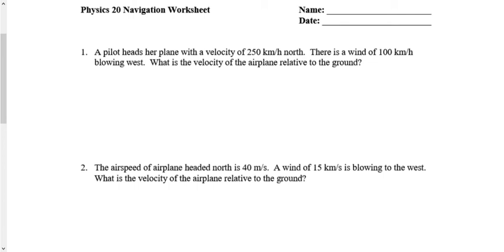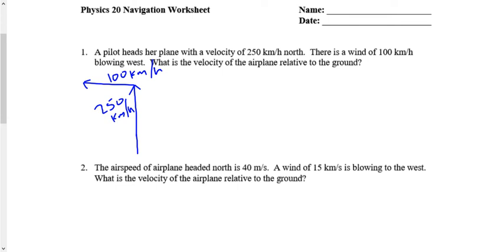So if we're heading a plane directly north, we're going to make that a solid line vector that contributes to our actual motion, 250 kilometers per hour. Now we have another vector, the wind that's blowing to the west, and that's only 100 kilometers per hour.